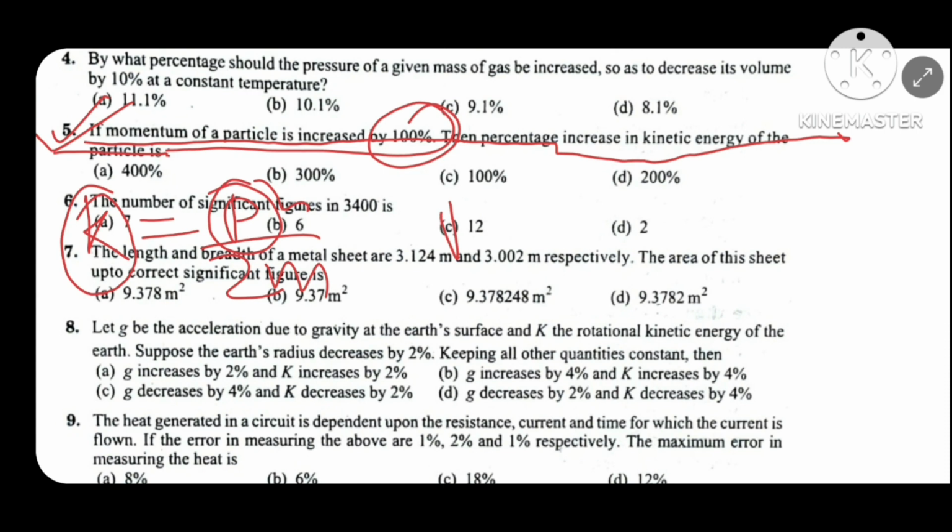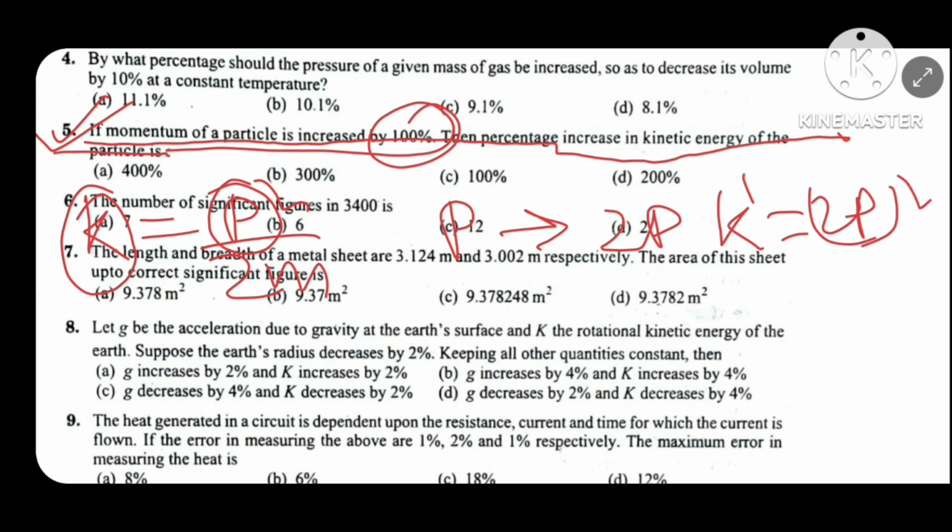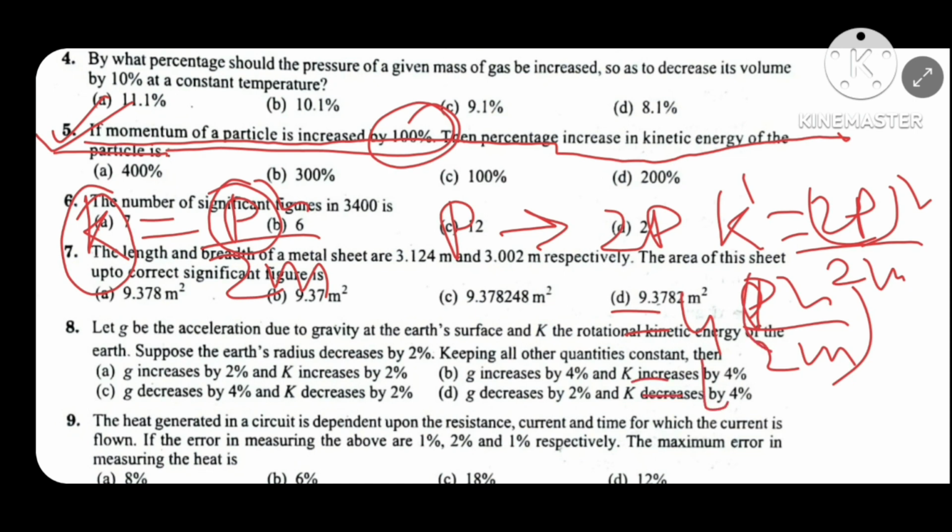Now 100% increase of momentum, that momentum increases from P to 2P. Okay, now kinetic energy K dash is 2P whole square divided by 2m. So this is 4 into P square by 2m, that is 4K.